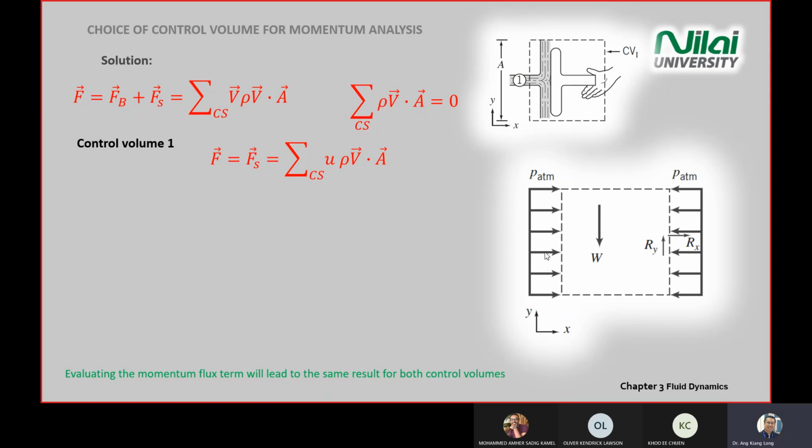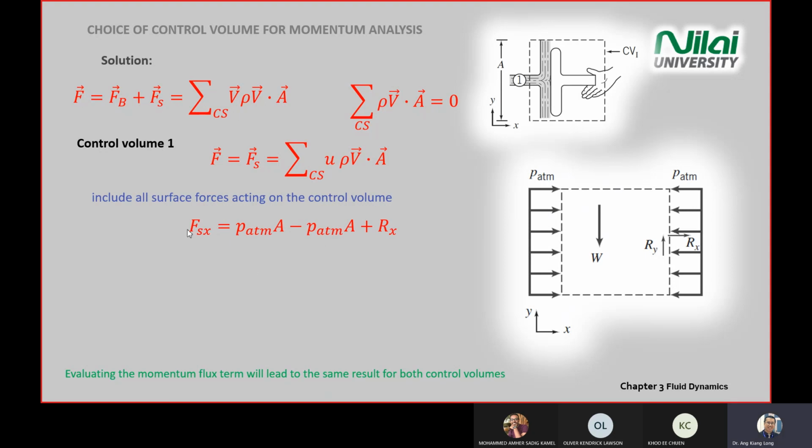Because we are focusing on the x direction component, the pressure is acting on both sides only. Yes, there is atmospheric pressure on the top and bottom, but it doesn't matter if you draw the top and bottom also, it will still cancel.